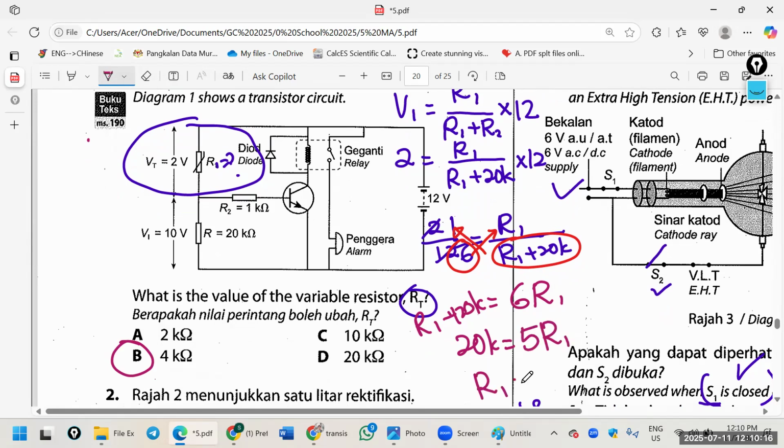So R1 equals 20K divided by 5, 4K. Okay?